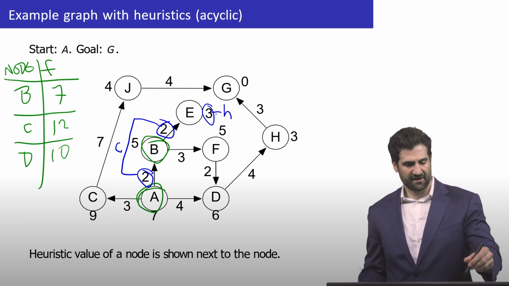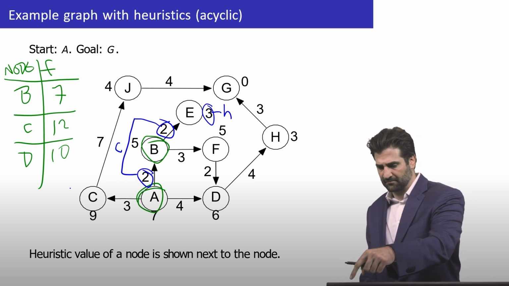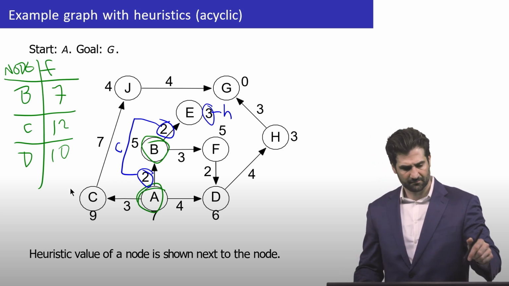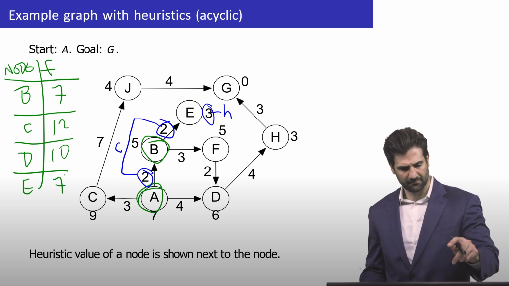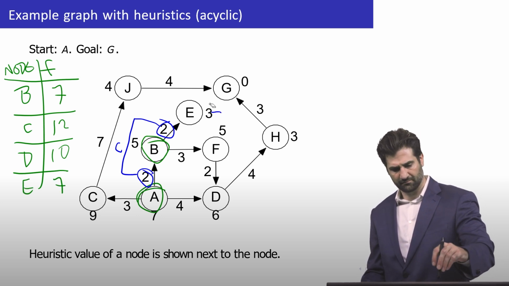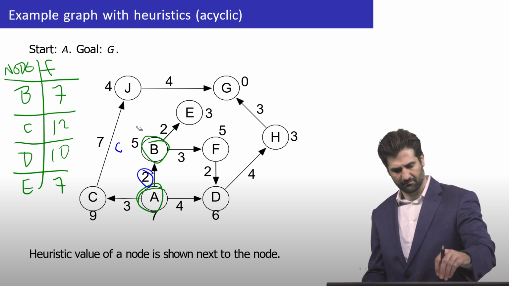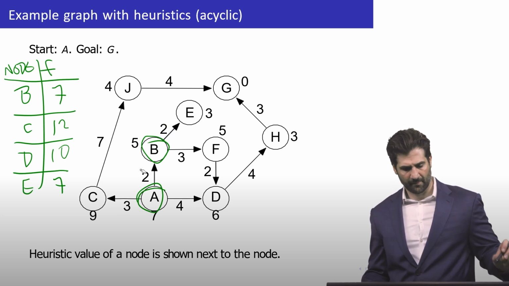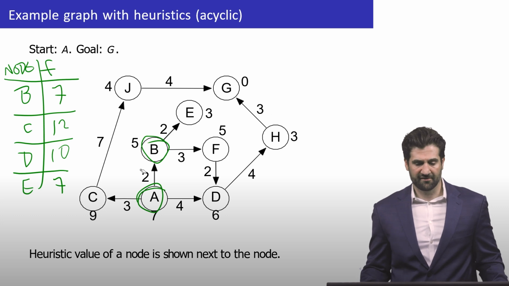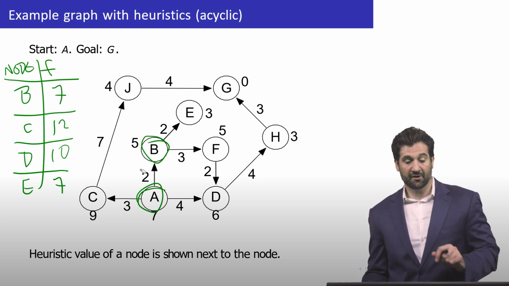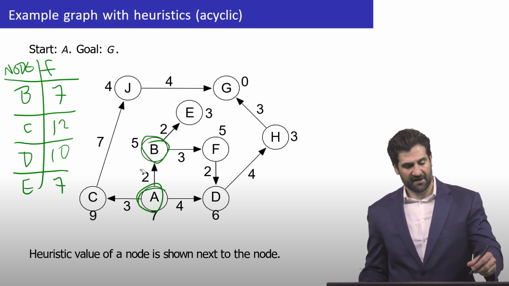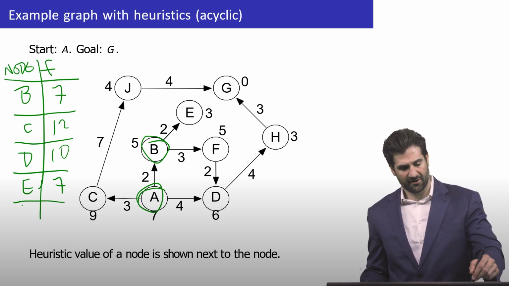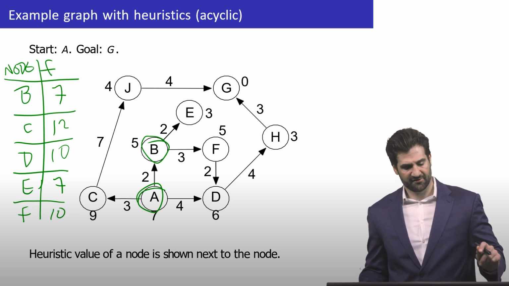So altogether, that makes a total of 7 for E. All right, likewise for F, we do the same thing. 2 plus 3 is 5, and 5 plus 5 is 10. So for F, we have a value of 10.